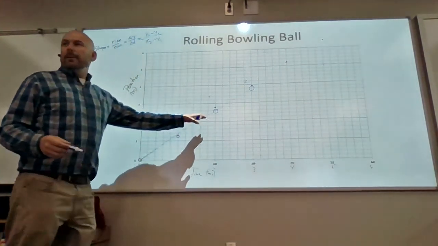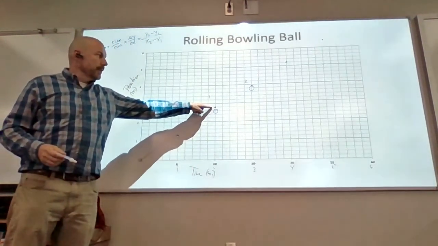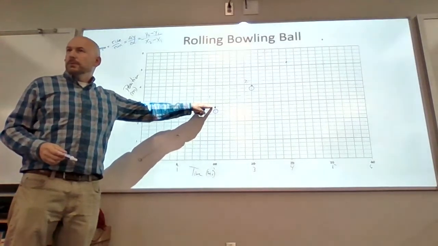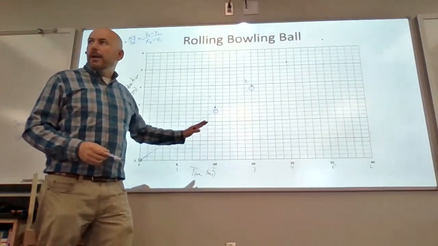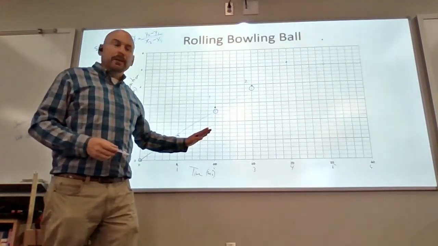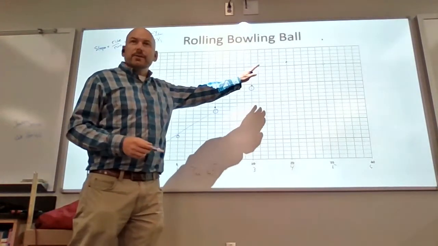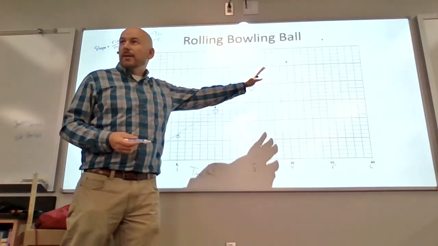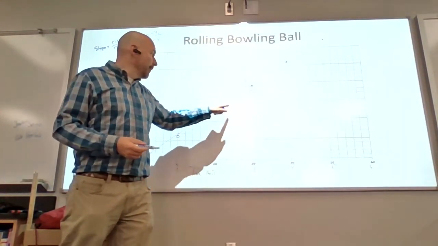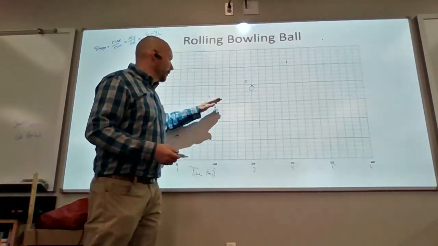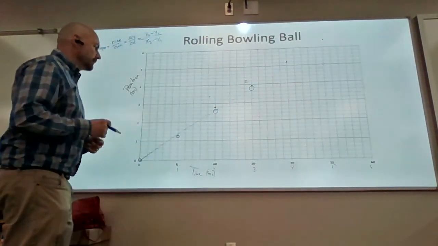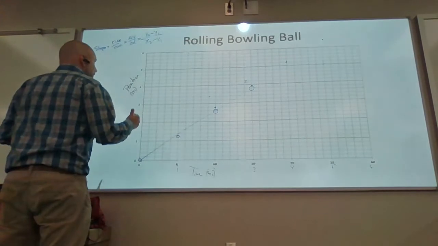Does everybody understand why I'm picking those points and not the actual data? We're drawing the best fit line. There's some error in our experiment. This best fit line averages that out. That's why we draw the best fit line. I'm picking points where it crosses on the grid, so I don't have to estimate.